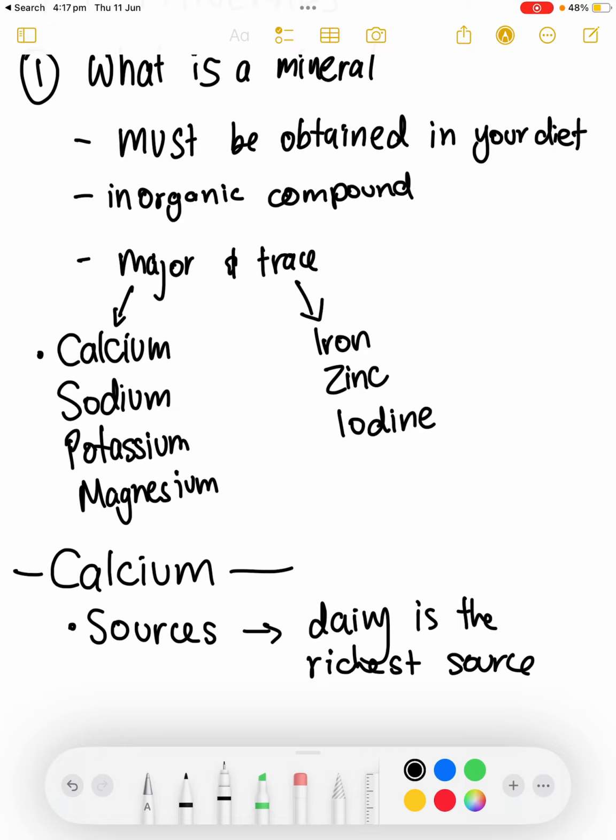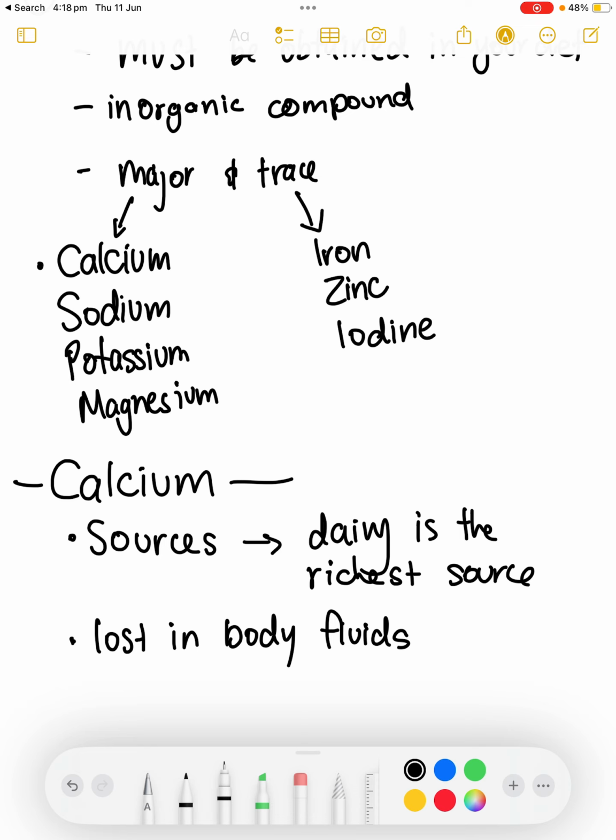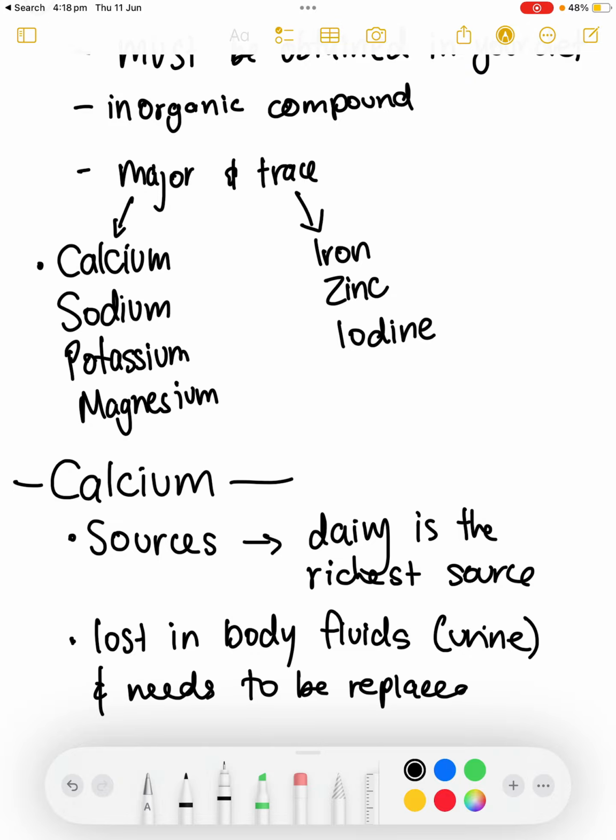Now, calcium is lost every day in body fluids, so it needs to be replaced through the diet. Okay, and I'll just say lost in body fluids. Now, body fluids, that can be urine as well. All right, and needs to be replaced.